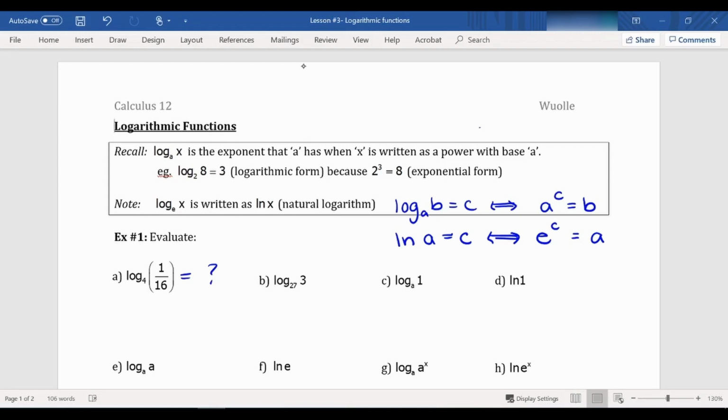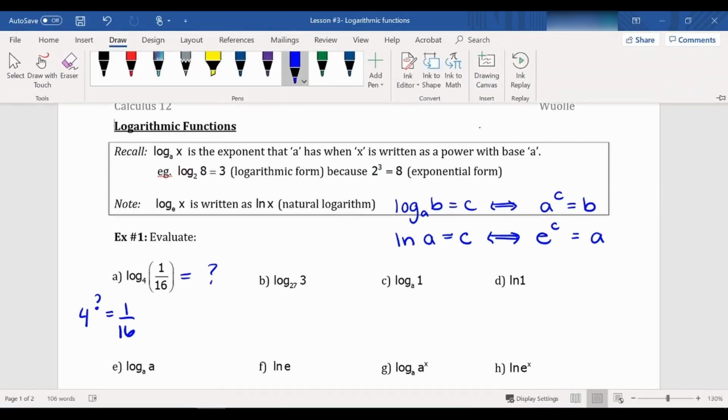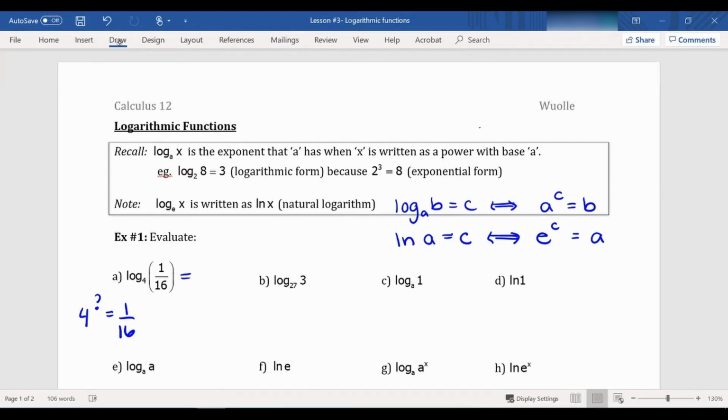If I rewrite this in exponential form, I want to find 4 to what power gives me 1 over 16. 4 to the power of negative 2 would give me 1 over 16. So therefore, log base 4 of 1 over 16 equals negative 2.